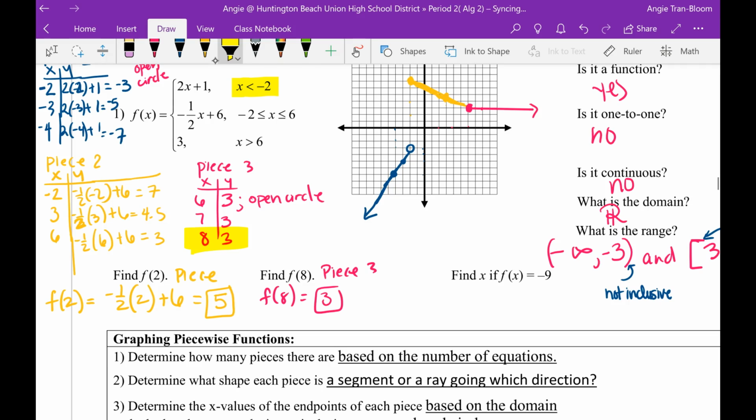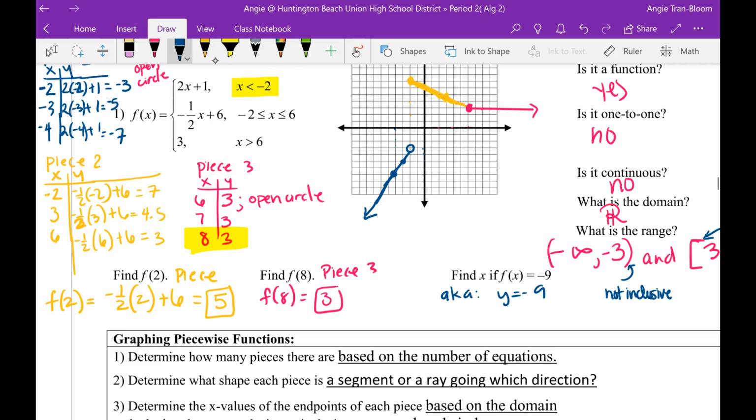Find x if f of x is negative 9. Can someone raise your hand and give me a variable that I can sometimes substitute for f of x? Y. F of x is just a function of x, which also means, aka, y equals negative 9.